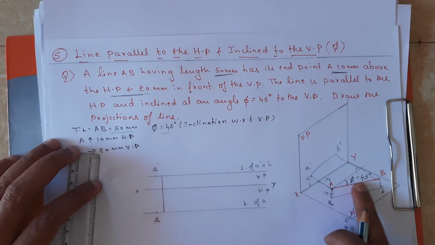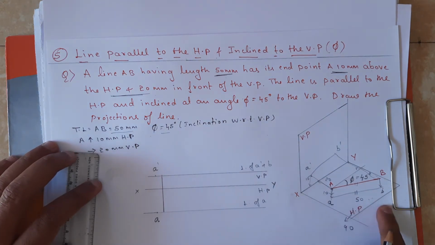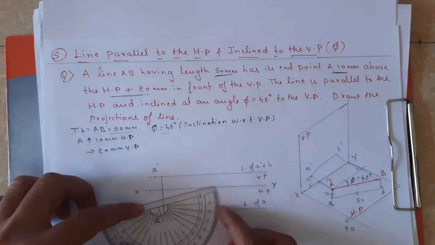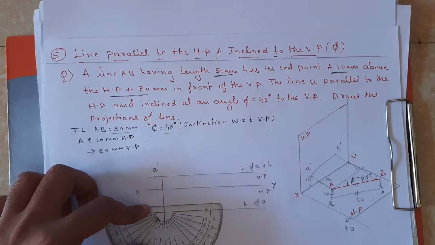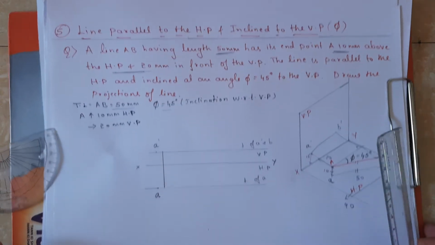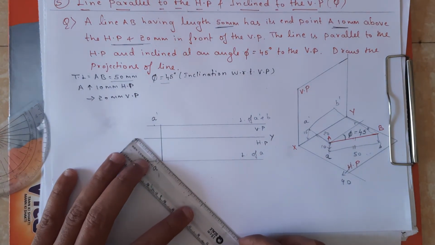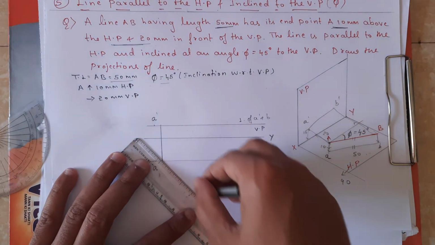See, the inclination phi is 45 degrees. Where can I get it? In the HP. So from A I am going to draw a line inclined at an angle of 45 degrees.